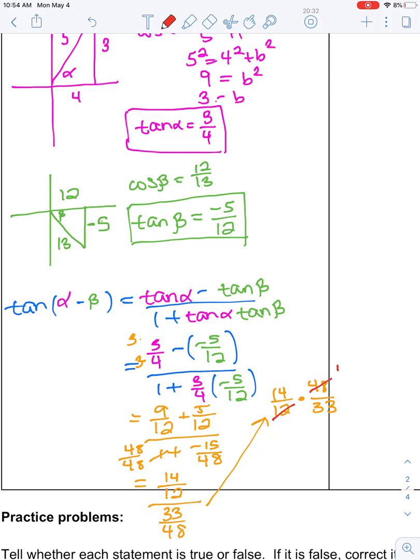So 12 goes into 48 4 times. That simplification makes the multiplication a little bit more straightforward. So I can do 4 times 14, which is 56, divided by 33 times 1, which gives me 33. So all of this tells me that the tangent of alpha minus beta is equal to 56 over 33.